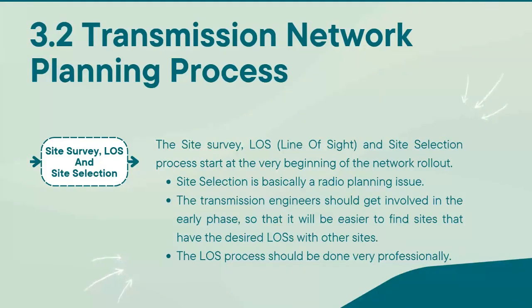So, what is LOS, or line of sight? LOS is the clear path between communication points that enables radio signals to travel unobstructed by any objects like buildings or trees.